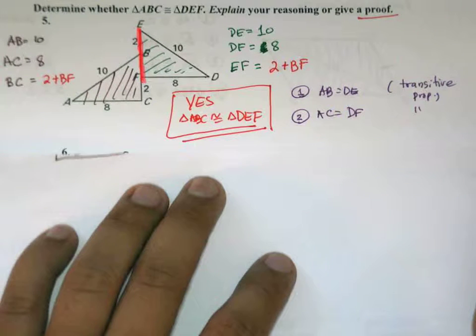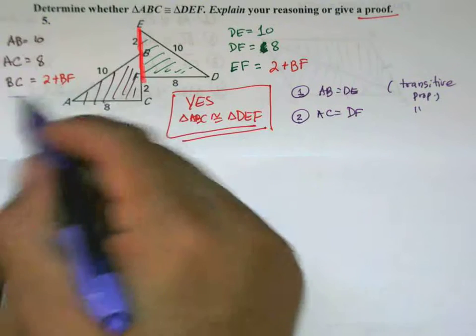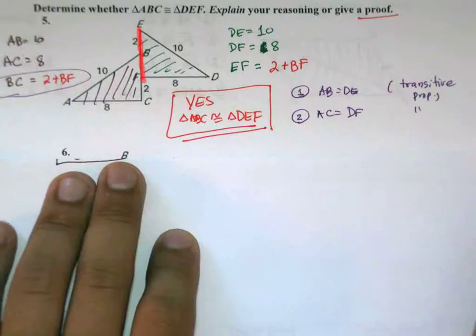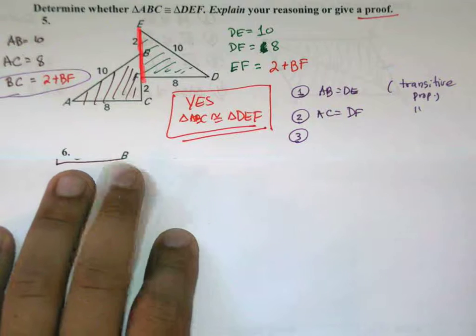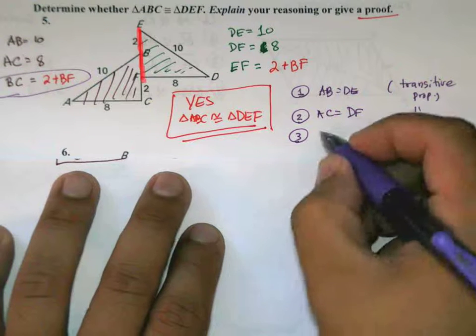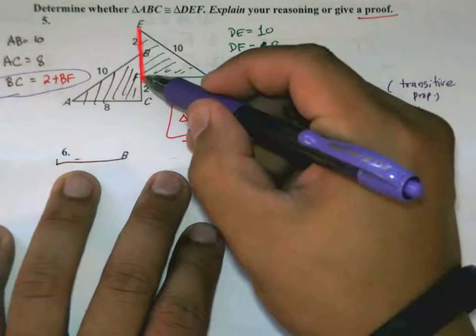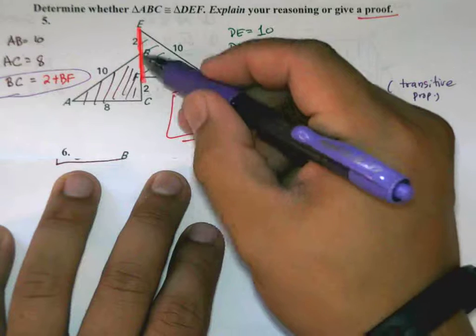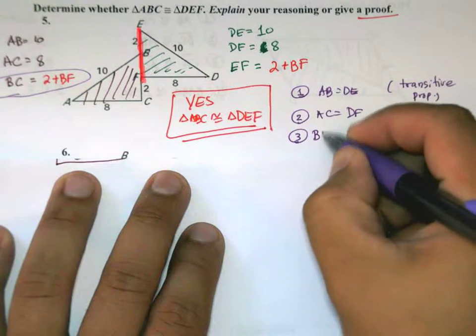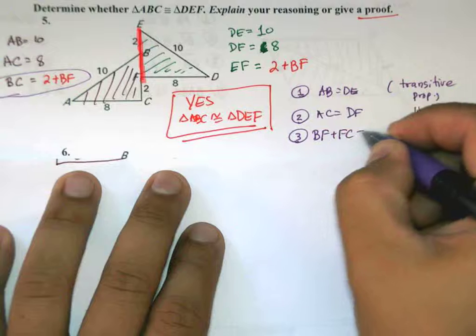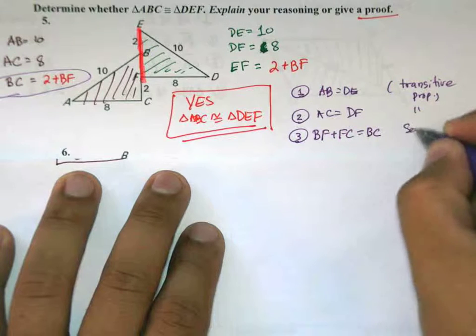Now I need to explain this part a little bit because if you look at this, it seems like it comes out of nowhere, but it shouldn't be too difficult. I can say that, look, this segment here, FC plus BF equals BC. Right, this way, BF plus FC equals BC. And this is the segment addition postulate.